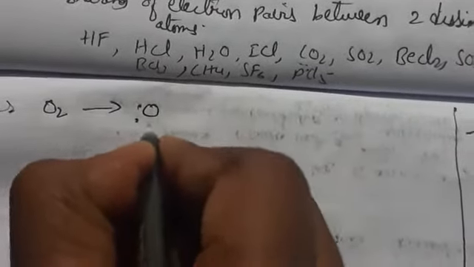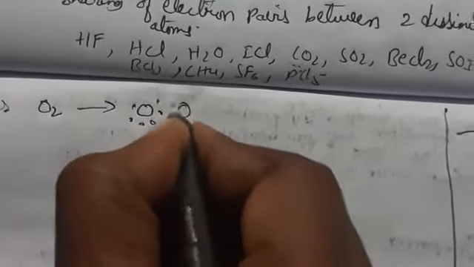Generally the dots represent the 6 valence electrons. But here the total valence electrons are 6 plus 6, for O2 that is 2 times 6, which is 12. That is the total number of electrons we have got. Here there is no charge, so don't worry.